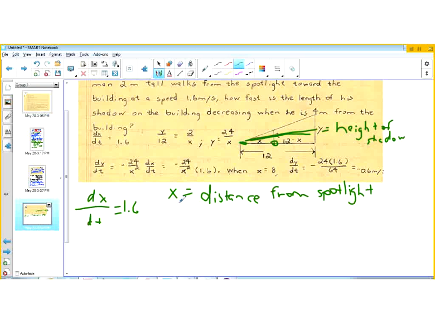Before we formulate Y, X is a function of t, so we need to say that as well.